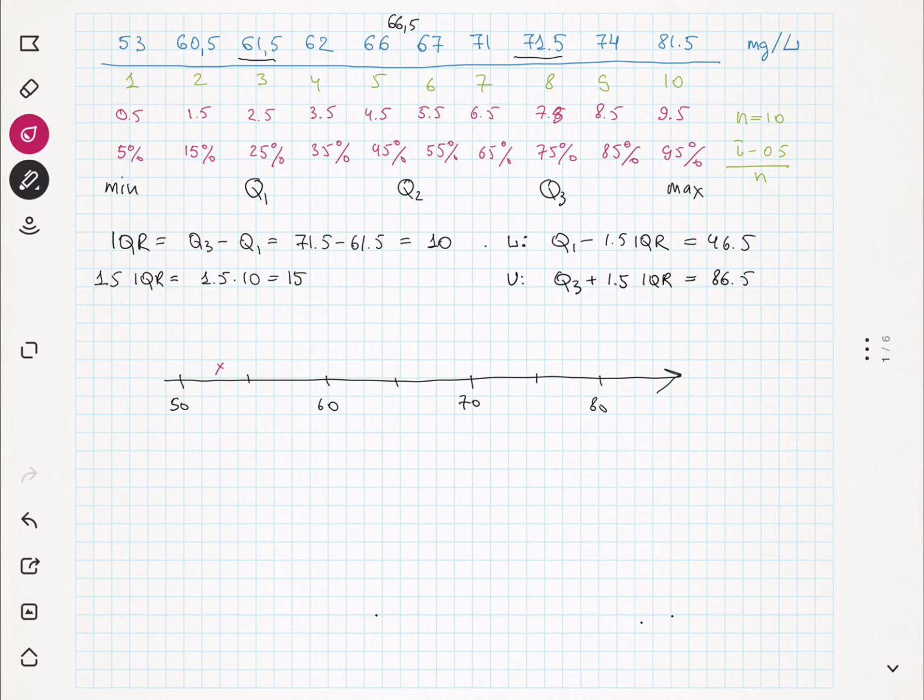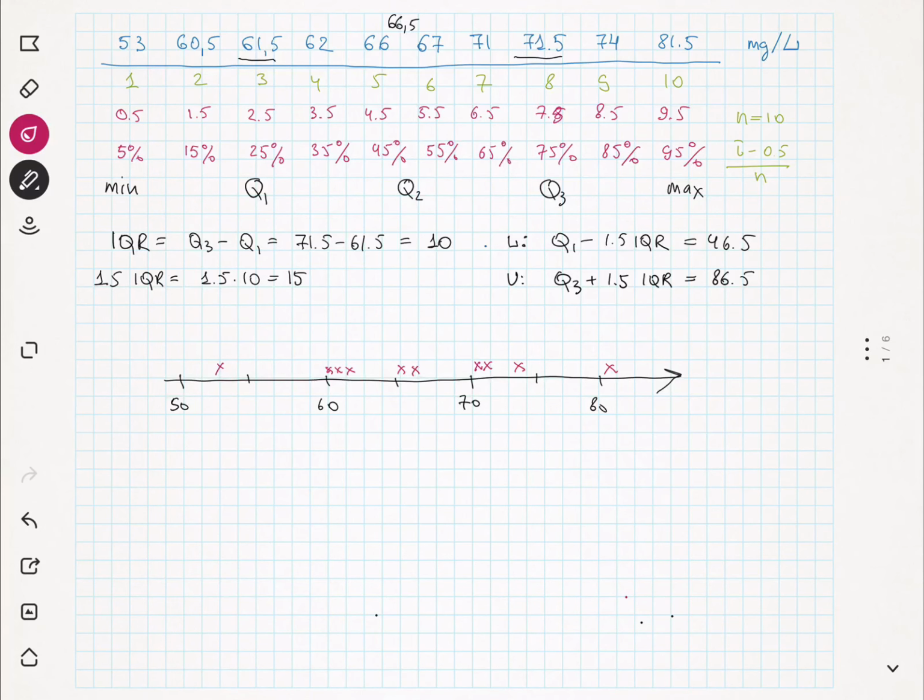Then we have 60.5, 61.5 and 62. It's 3 points pretty close to each other in this area. Then we have 66 and 67. Then we have 71 and 71.5, and then also 74 somewhere here. Finally we have 81.5 here. So this is our data.